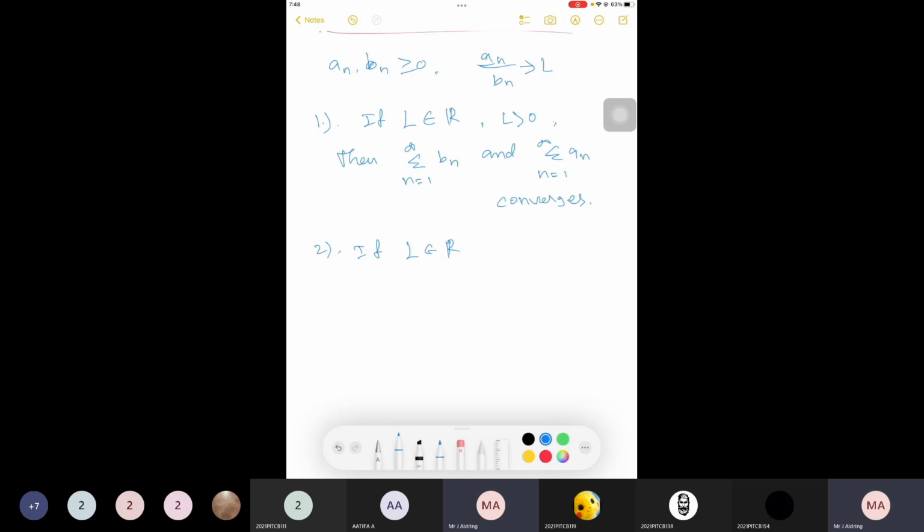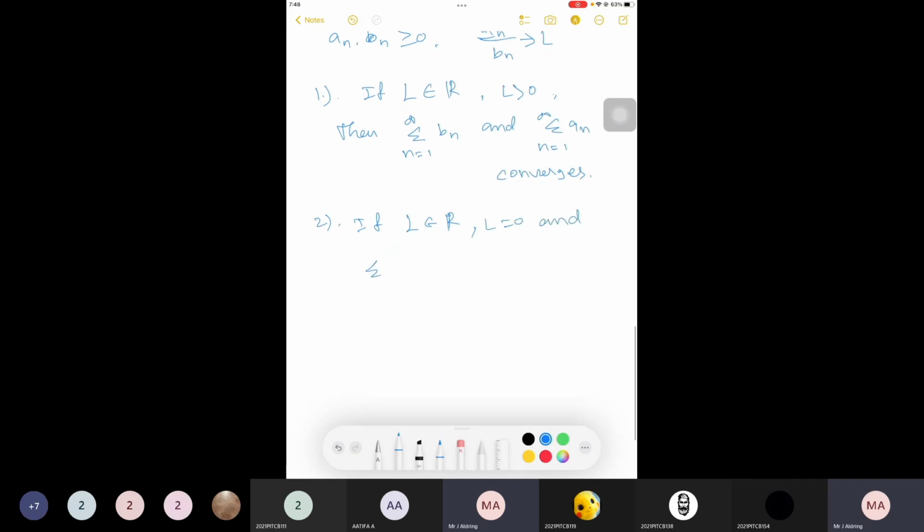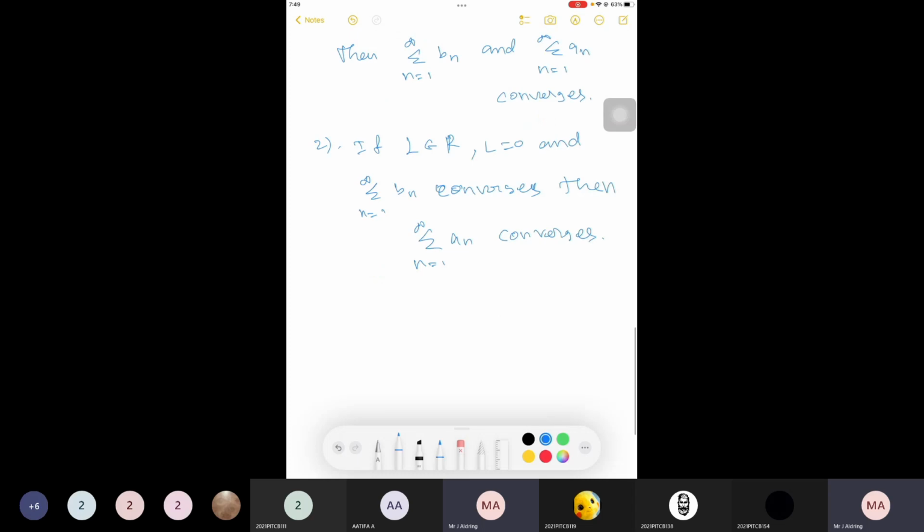That's why I write here L belongs to R. Then if L is equal to 0 and the summation of b_n, n tends to infinity, converges, then we can say that summation n equal to 1 to infinity a_n converges. That is the second condition.